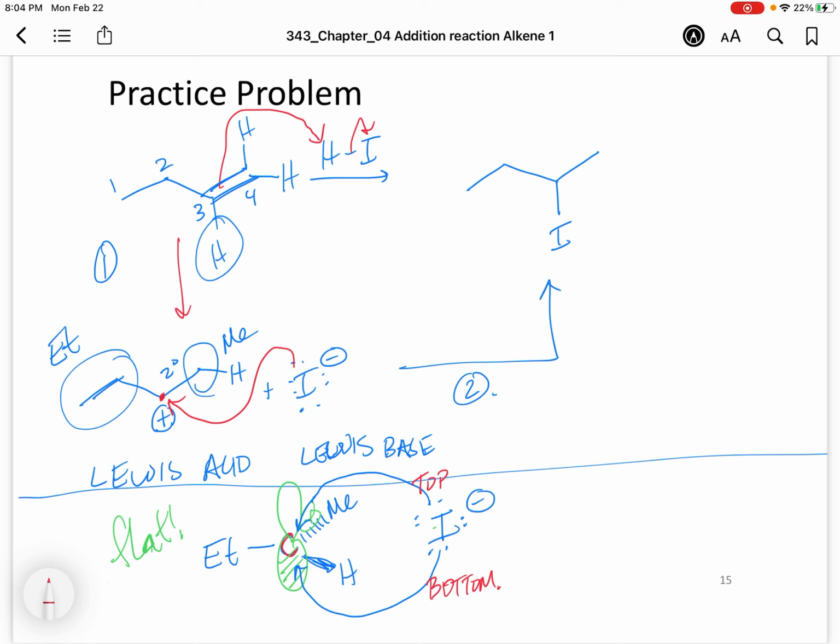This p orbital can accept electrons on either side because it is in the shape of this dumbbell. There's an empty orbital portion on the bottom and on the top. We're not concerned about the shading here. That's just the sign of the wave function. But it can accept electrons on either side. This means that the iodine can attack from above or below.